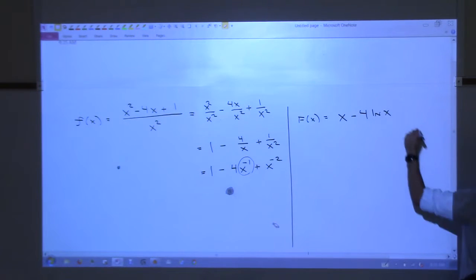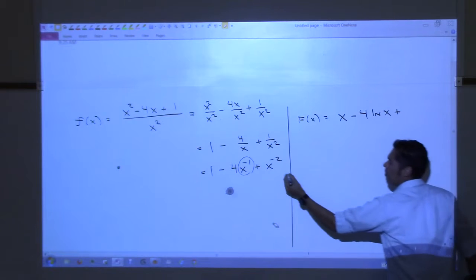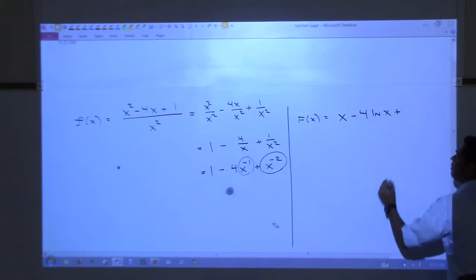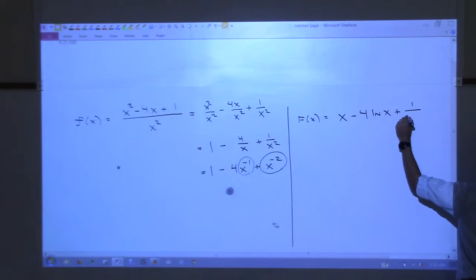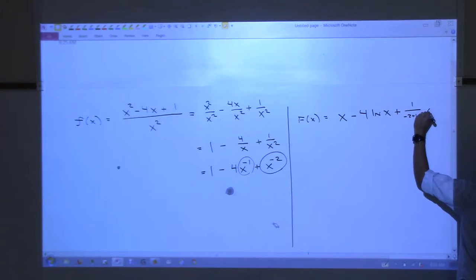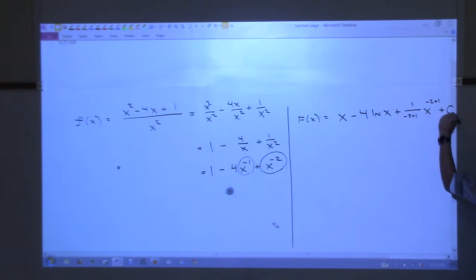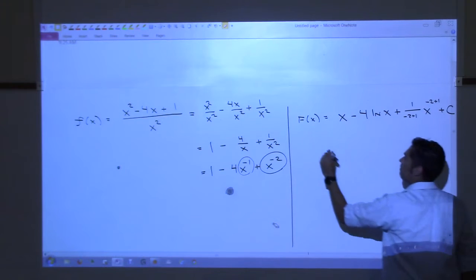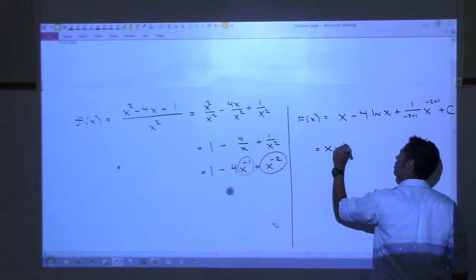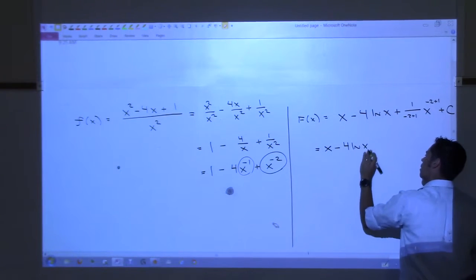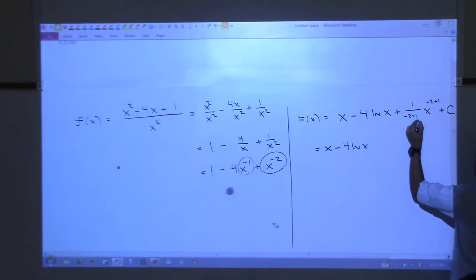Now, the next piece, plus. Now I'm going to run my power rule on this. So I'm going to do 1 over negative 2 plus 1 x to the negative 2 plus 1, right? That's what the rule says. Then plus c. So this is x minus 4 natural log x. And then what about this?